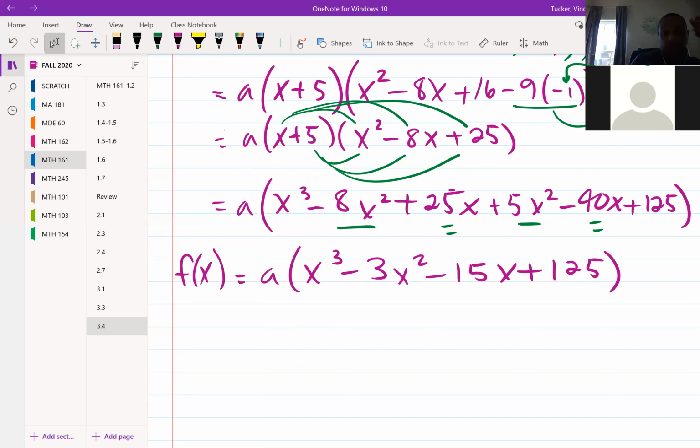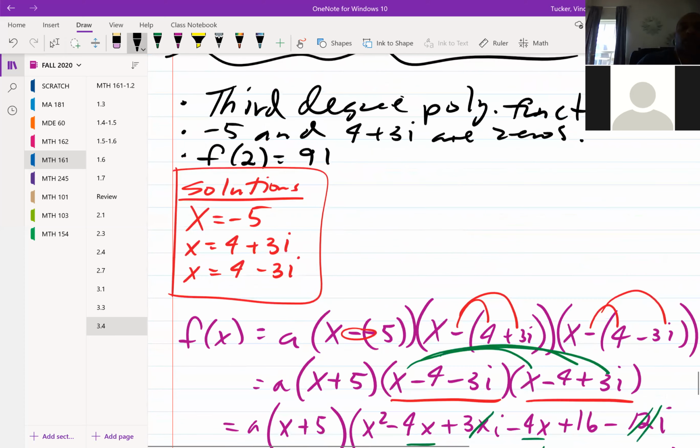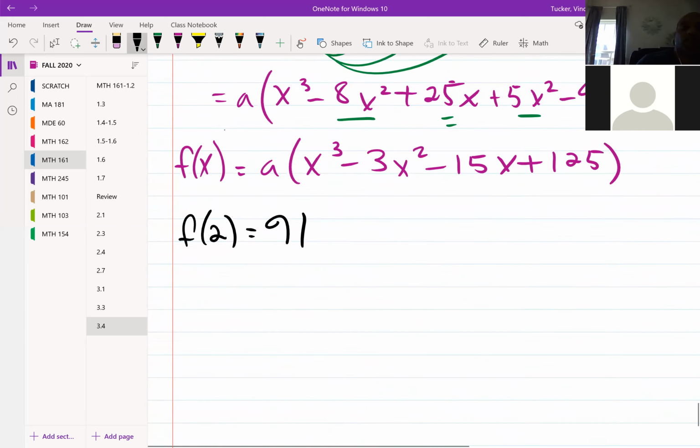All right, so now we need to figure out a. And that condition that they gave us was that when you plug in 2, you get out 91. Let me make sure. Yep. When you plug in 2, you get out 91.